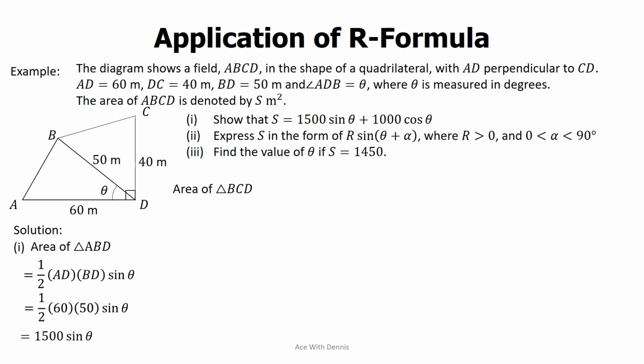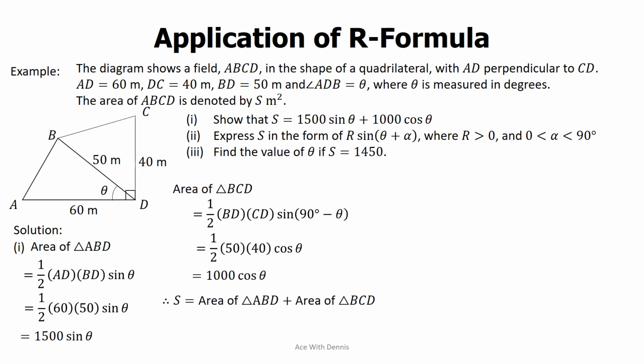Next, I want to find the area of triangle BCD, which is half times BD times CD times sine of 90 degrees minus theta. BD is 50, CD is 40, and the area of triangle BCD equals 1000 cosine theta. Therefore, S equals the area of triangle ABD plus the area of triangle BCD, which is 1500 sine theta plus 1000 cosine theta. So we have shown the equation.